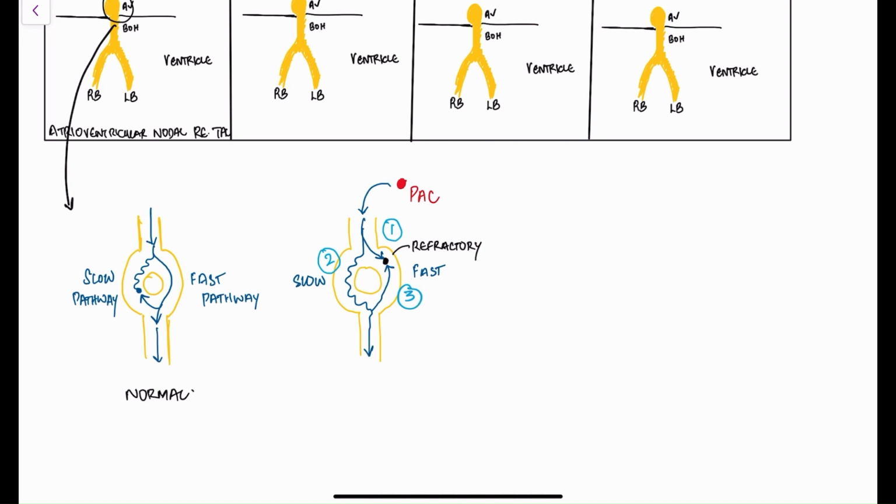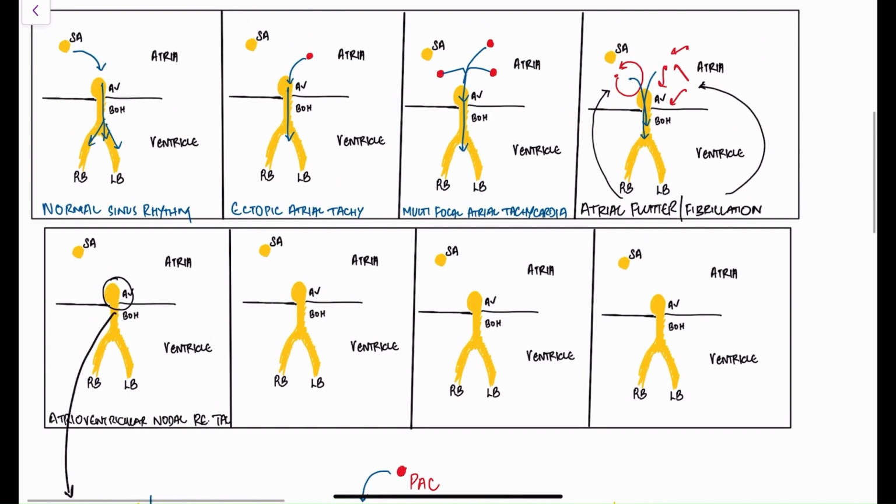This time, the fast pathway is not in refractory period. Because of that, the beat is propagated down via the slow pathway, goes towards the ventricle, and then is propagated up via the fast pathway. And so a circuit is created inside the AV node which enables this kind of dysrhythmia.